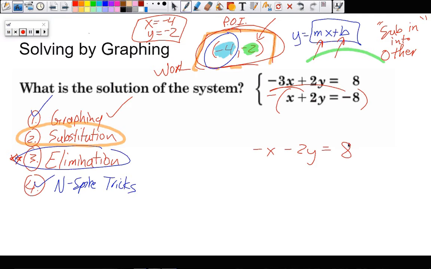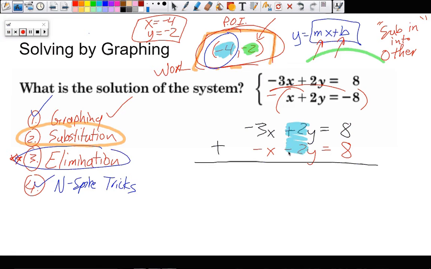Now, the original one, nothing happened to it. But now, what variable do you see that I can eliminate when I add? I can eliminate y because I'm adding. You with me?